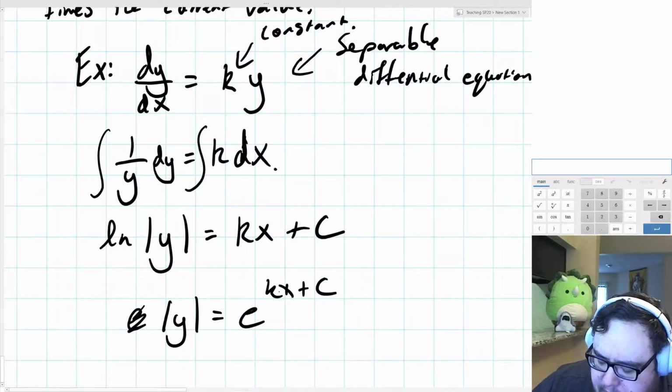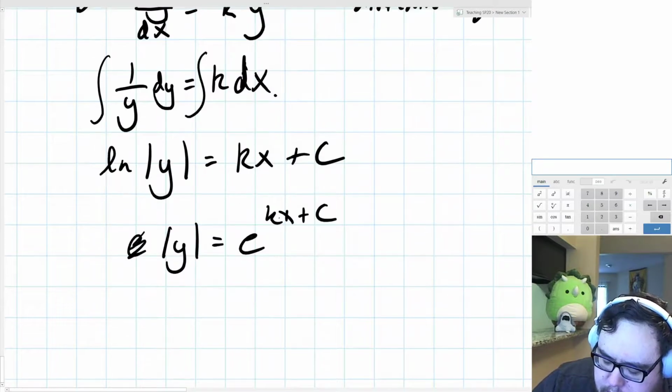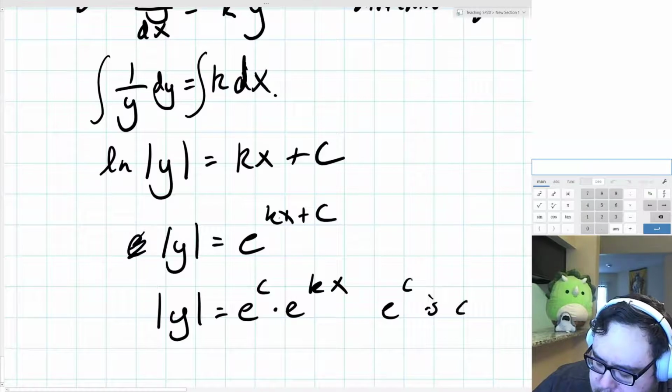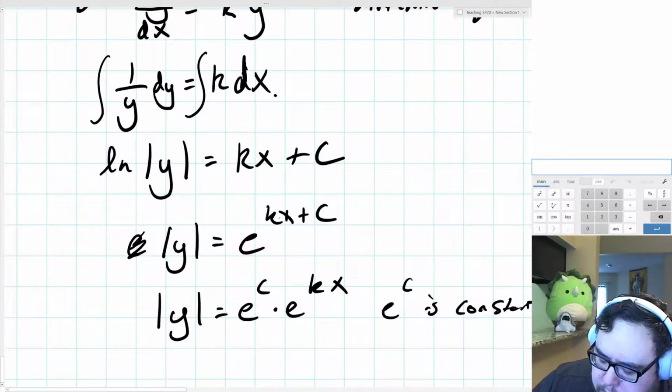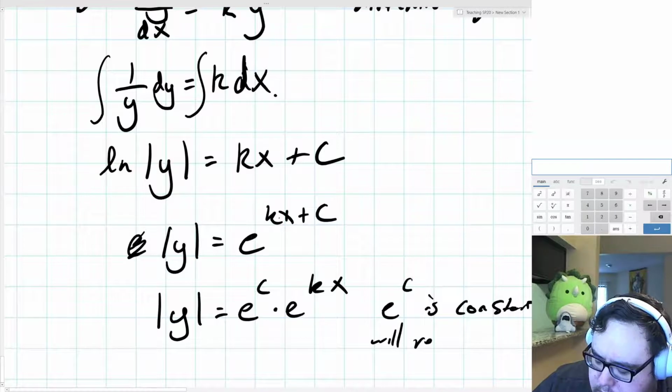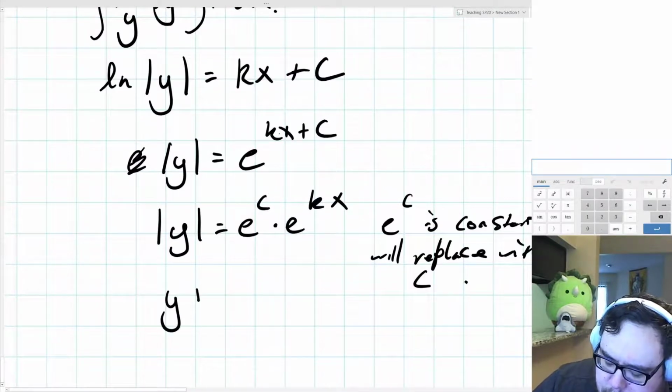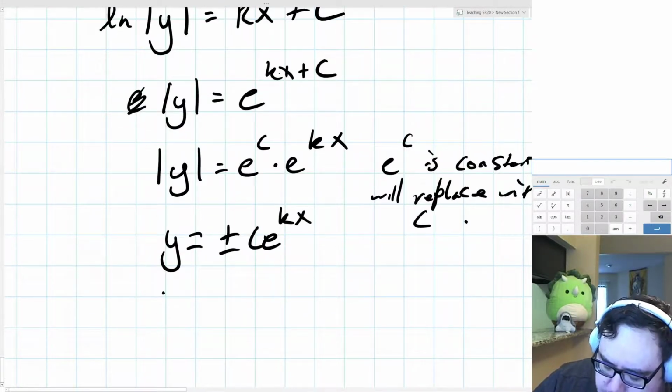And then we can pass that constant through to be the absolute value of y is equal to e to the c times e to the kx. But since e to the c is constant, we'll replace it with just c. So y is equal to plus or minus c e to the kx, which is our exponential growth model. Y equals c e to the kx.